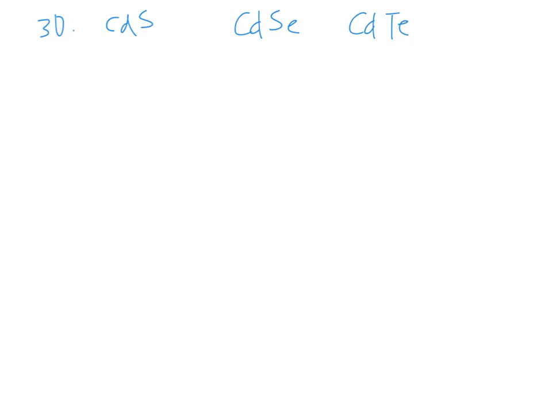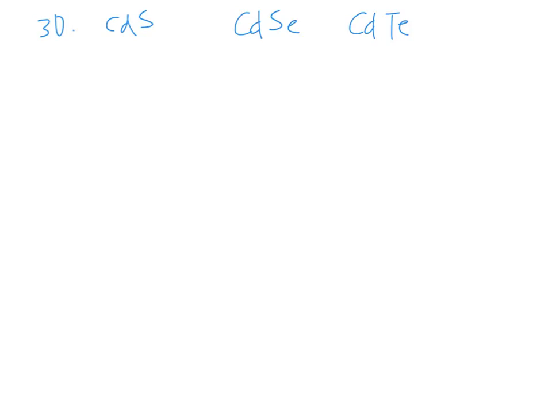Number 30 is another one that you could quickly do just using your periodic table but not actually calculating anything, because they want to know which one has the highest percentage of cadmium, and in each case it's 1 cadmium in the compound.